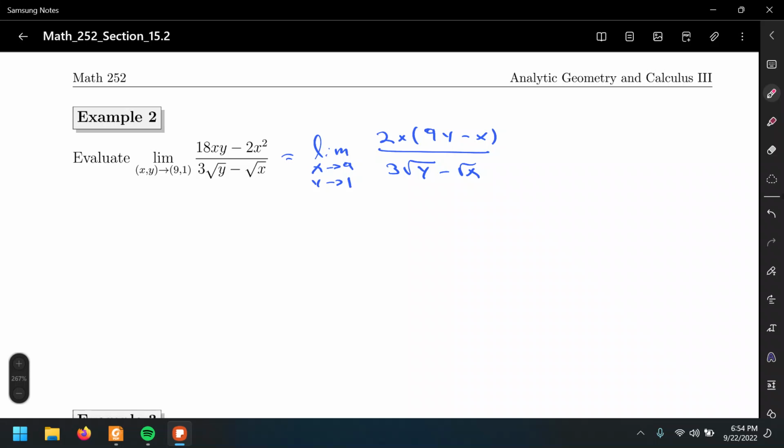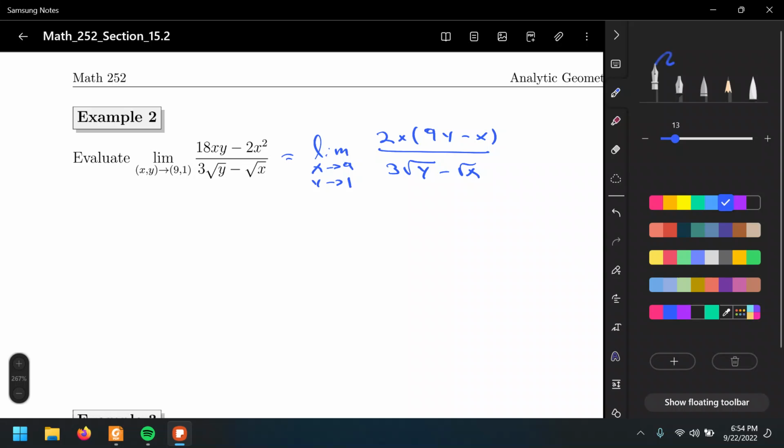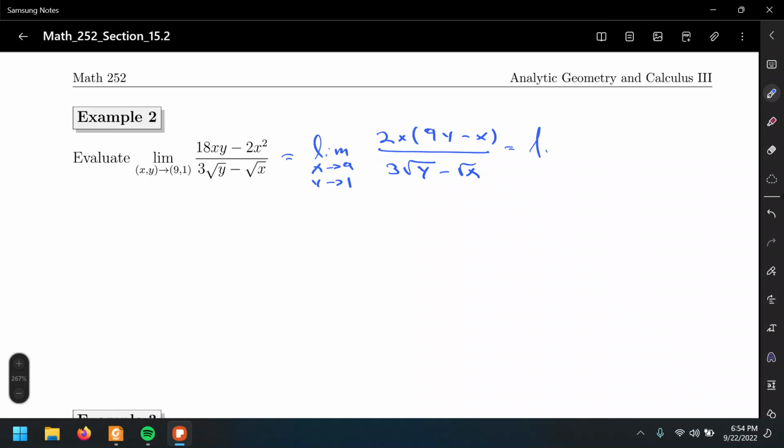Well, 9y minus x. I'm going to treat that factor as a difference of squares, but wait a minute, it's only the number 9, which is a perfect square, not the y, not the x. However, if we write y as the square root of y, squared, and x as the square root of x, squared, we can turn those into perfect squares. In other words, let me just rewrite it.